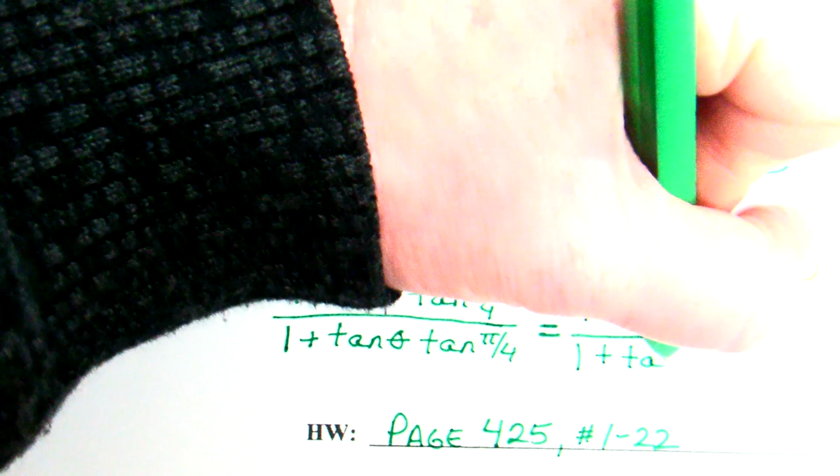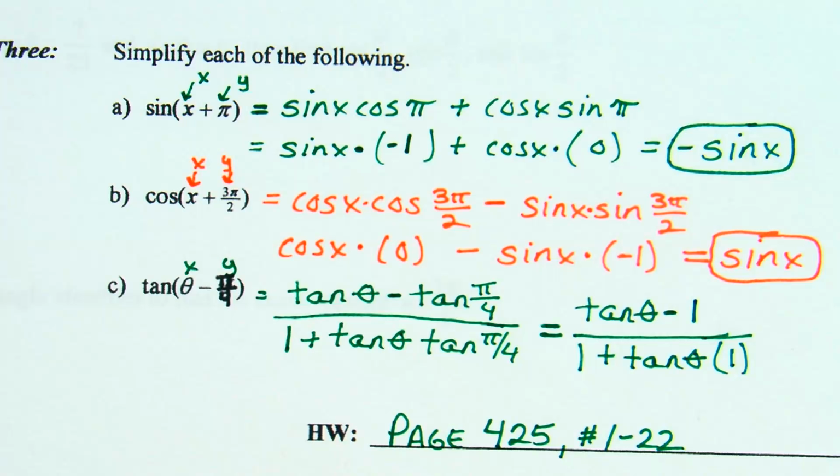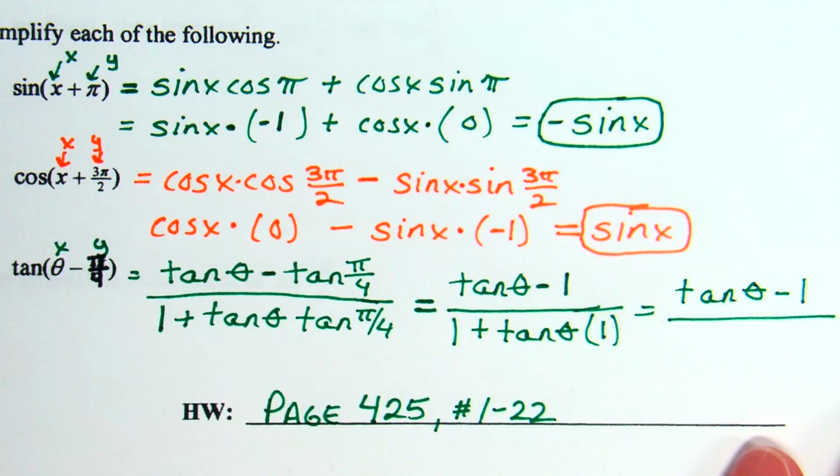So, tangent theta minus 1 over 1 plus tangent theta times 1. And in terms of cleanup there, the only cleanup we can really do is tangent theta times 1, which you may not have even written once you realized.